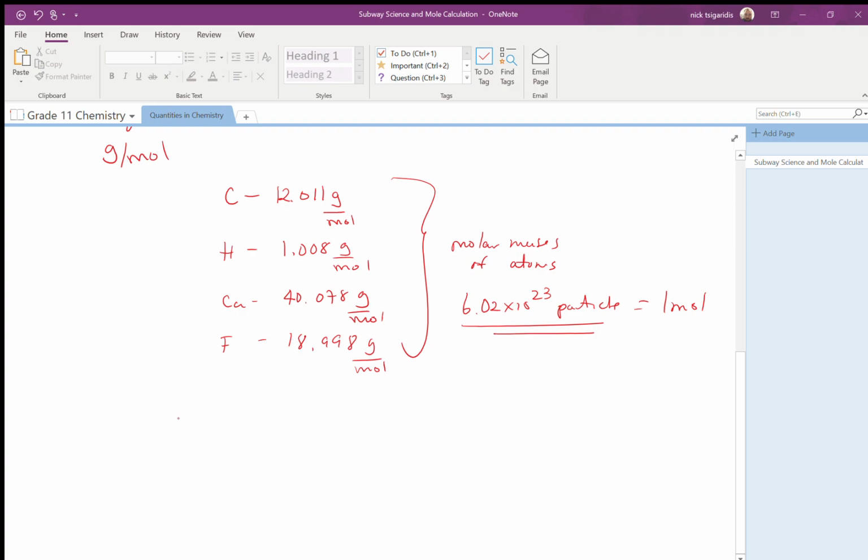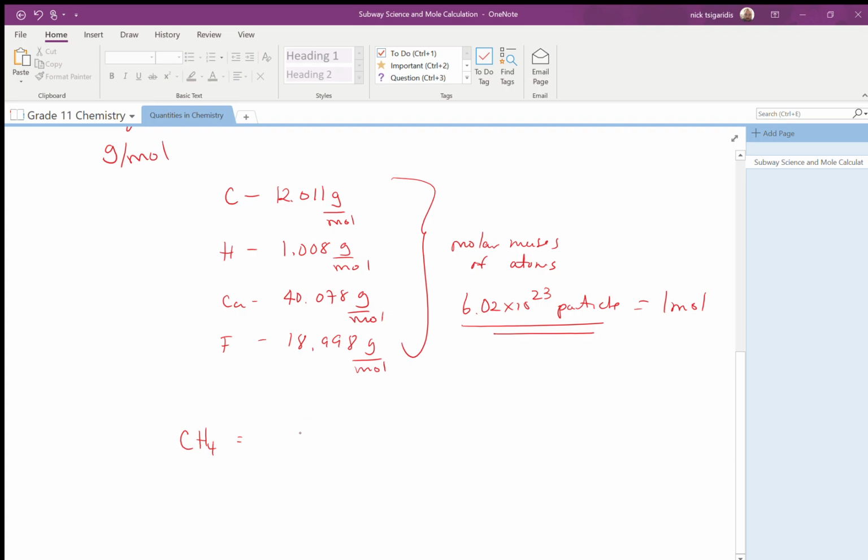I'll give you guys a good example of one. CH4, you guys know this molecule as methane. If I'm interested in determining the molar mass of methane, all I need to do is take my molar masses and just sum them together in terms of the number of atoms I have of each different type. Now, I don't use up to 3 decimal places. Usually I just round to 2 decimal places. It's just fine. And so here's what I would have.